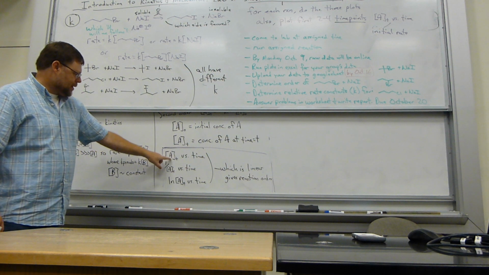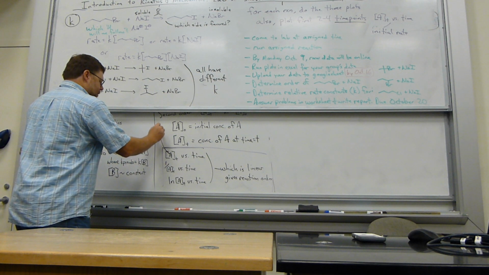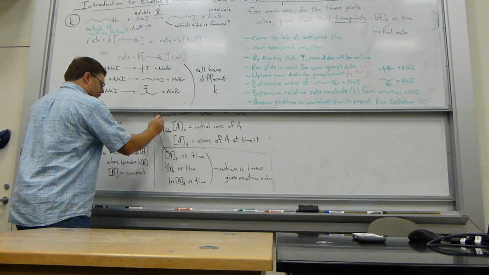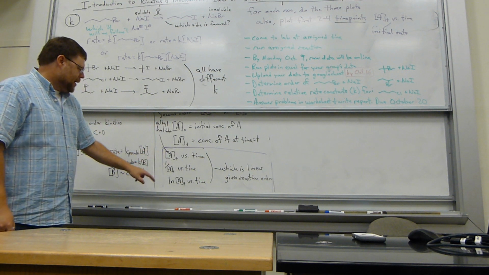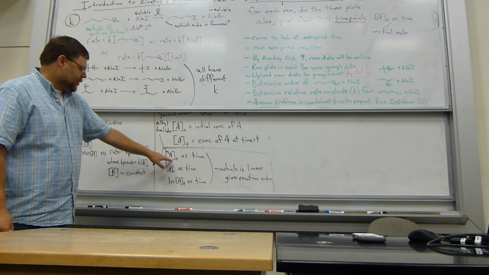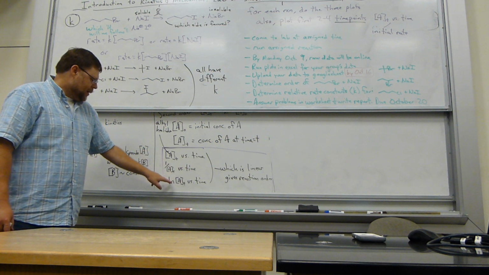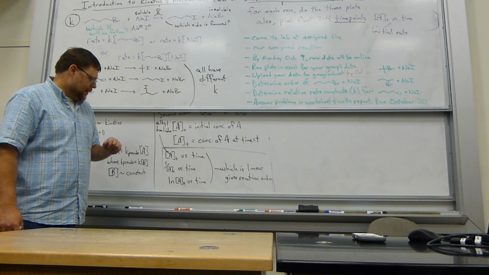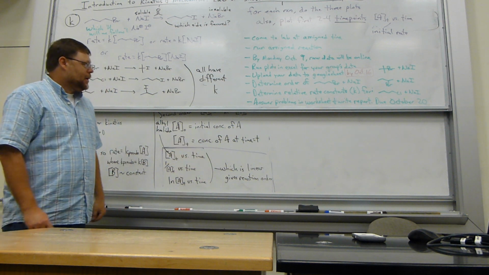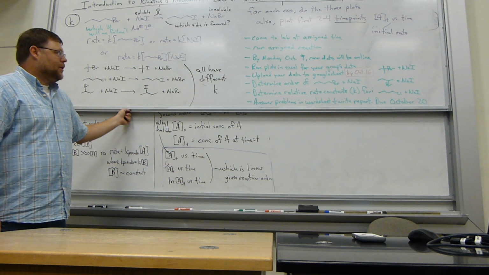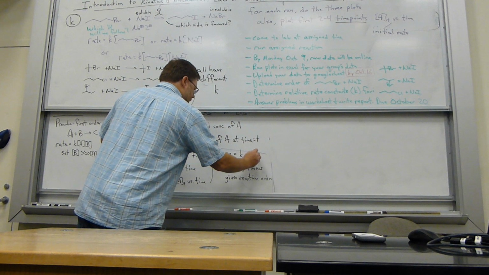You'll run these three plots, concentration of A. A in this case is going to be the alkyl halide, so N-butyl chloride, T-butyl bromide, whatever, that's A. You're going to run concentration of alkyl halide versus time, reciprocal concentration of alkyl halide versus time, and the natural log of the alkyl halide at time t versus time. You're going to see which one gives you a linear plot. That'll give you the reaction rate order and the slope. The slope is going to equal either k or minus k, depending.